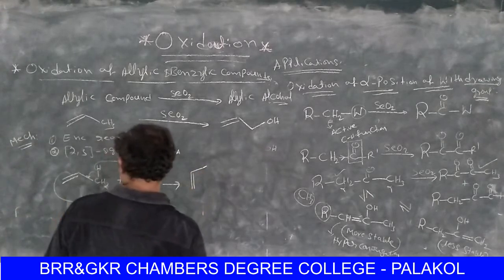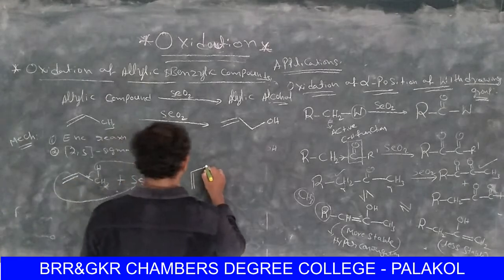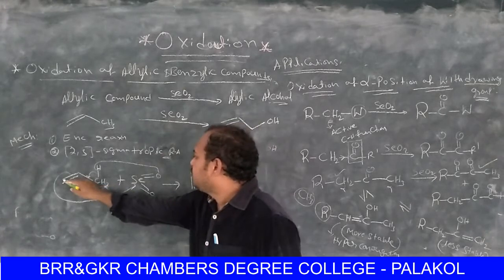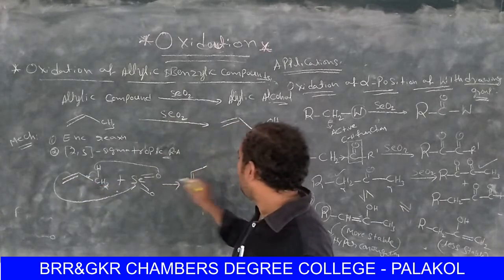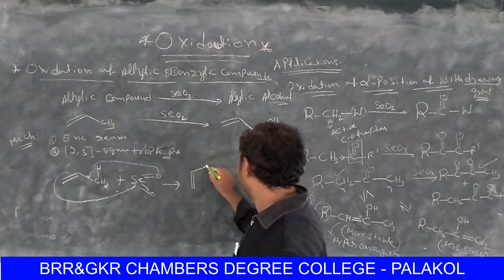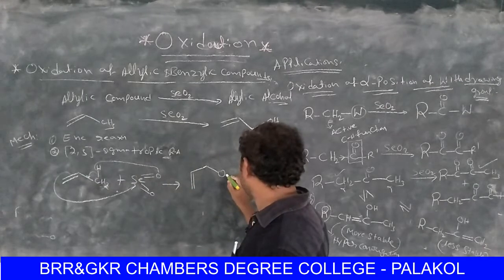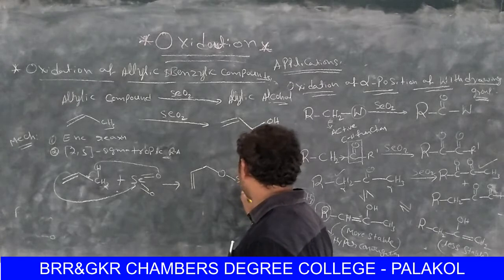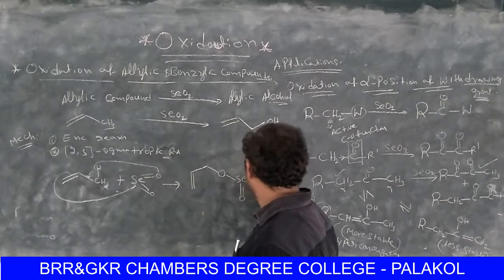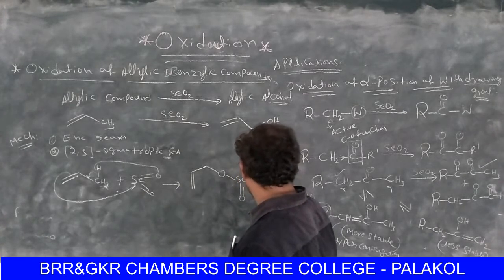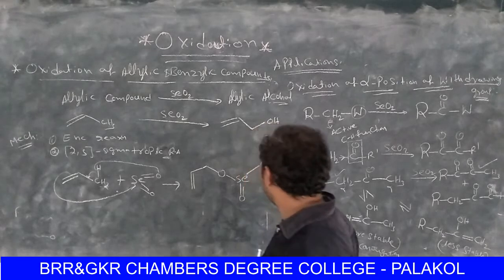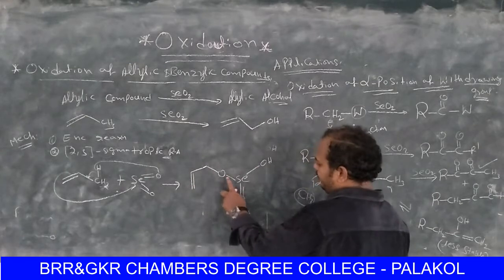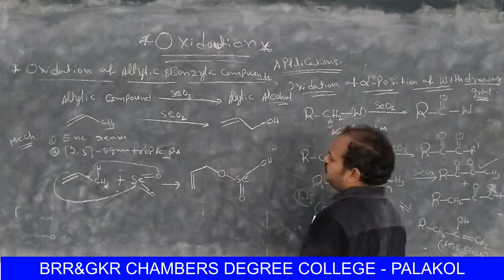Double bond here, double bond CH2, and CH2 is attached to oxygen, oxygen is attached to selenium, selenium is attached to double bond O and OH. This is the initial step that is happening, right?